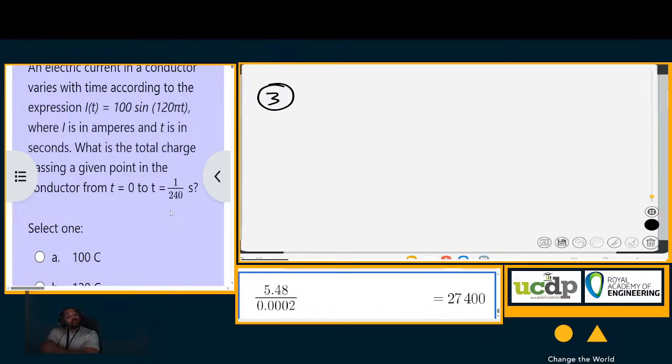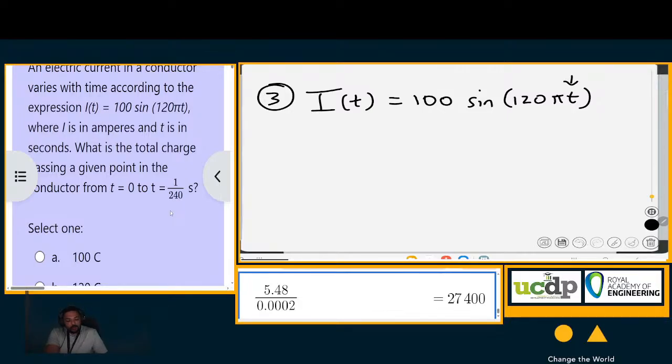The electric current in a conductor varies with time according to the expression I(t) = 100 sin(120 pi t), where the current I is in amperes and t is in seconds.